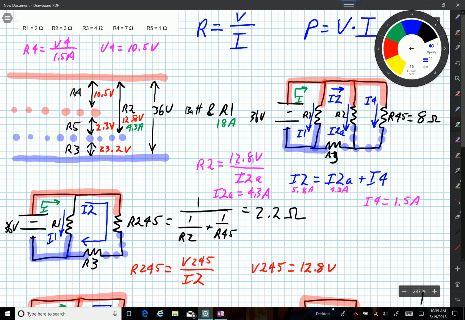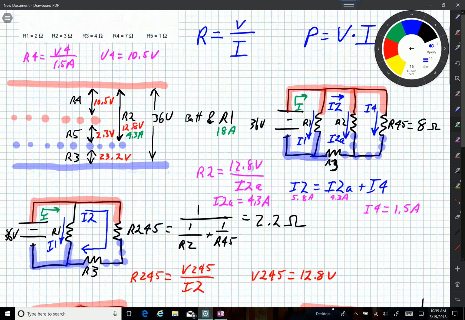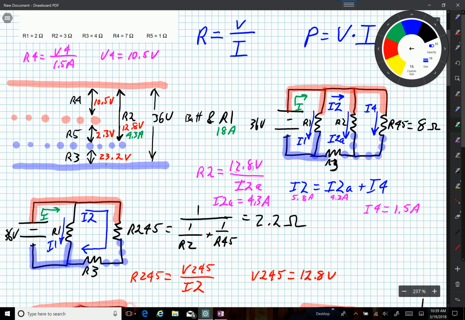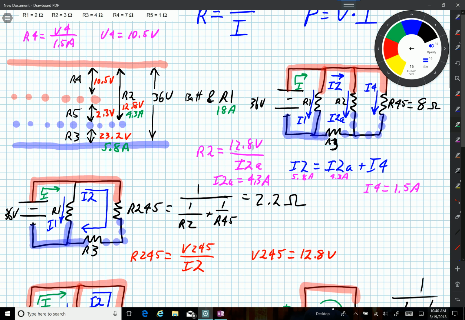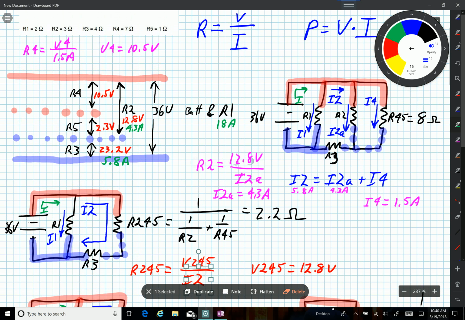So this is going to be 5.8 amps. Yes. This is 5.8 amps through R3. R4 and R5, so let's see. They have the same current through each of them. That's I4, and we said I4 was 1.5 amps. So this is 1.5 amps, and this is 1.5 amps.